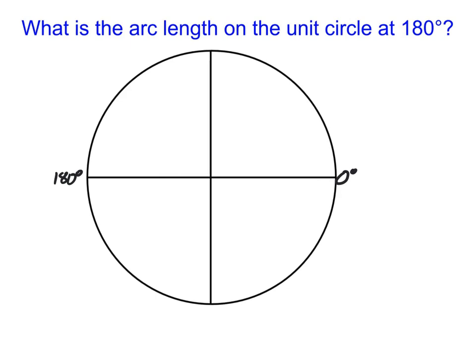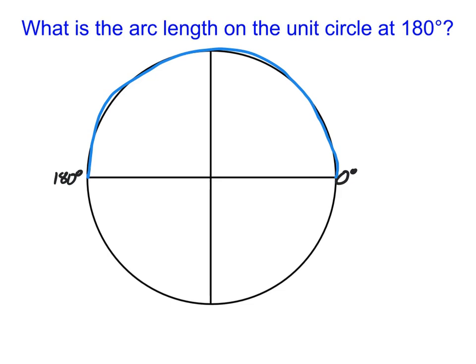So what it's talking about here, when it talks about arc length, is it's saying that if I start at 0 and go around the circle up to 180, how long is that part? How long did we have to travel in order to go around the outside of the circle for half of the circle in this case?